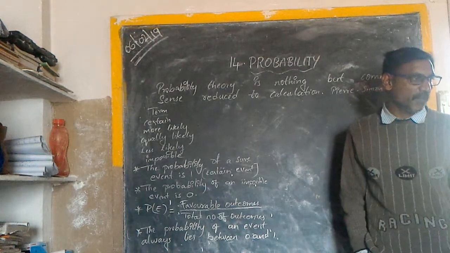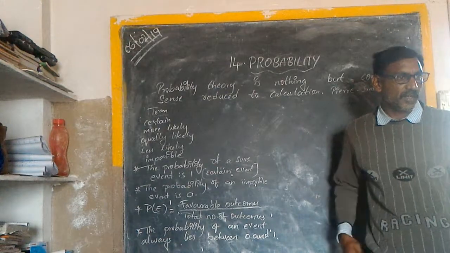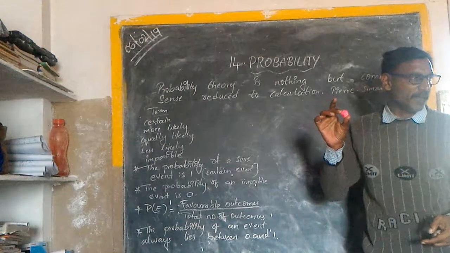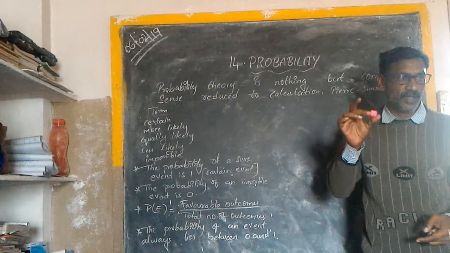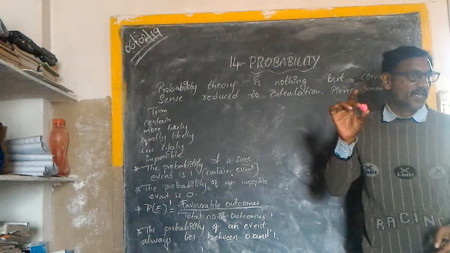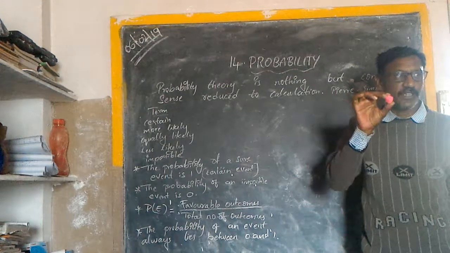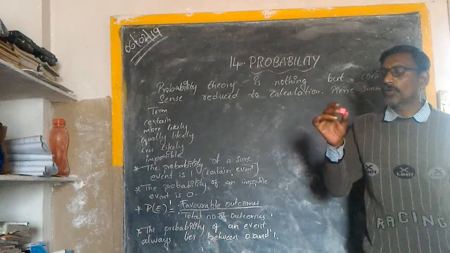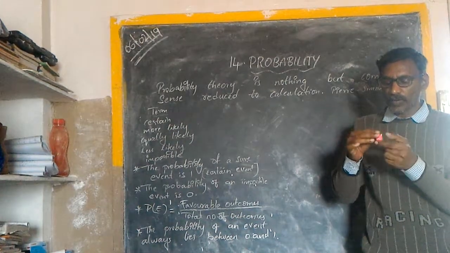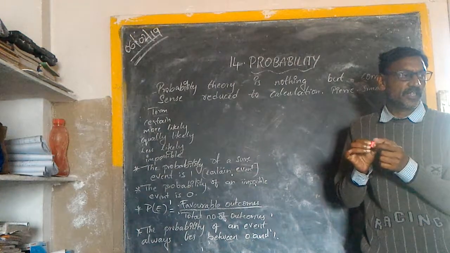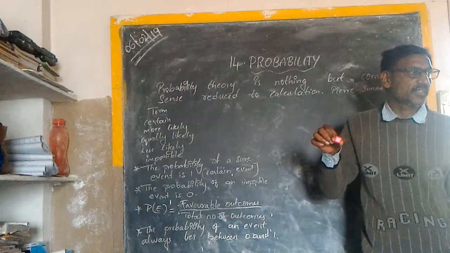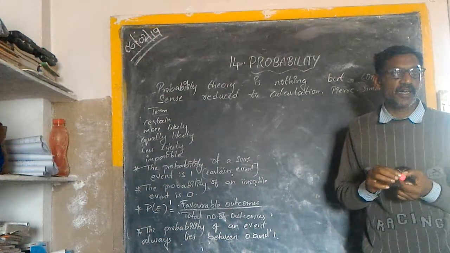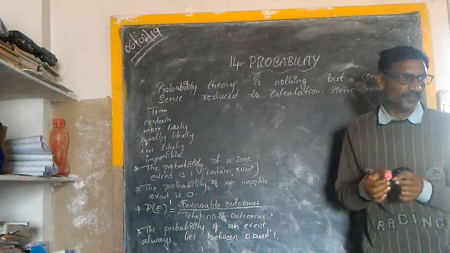In general, you are playing with a die in some games. See here, we have one die with me. Everybody knows it has 6 faces. In each face we have a number of dots. If you take one dot here, exactly the opposite you have 6 dots. That means one place is considered as 6, another place is considered as 1.